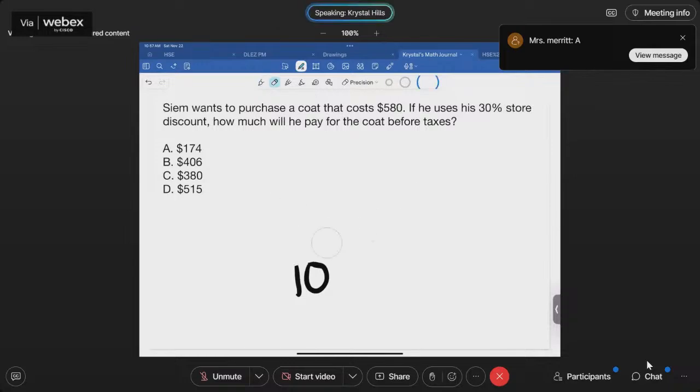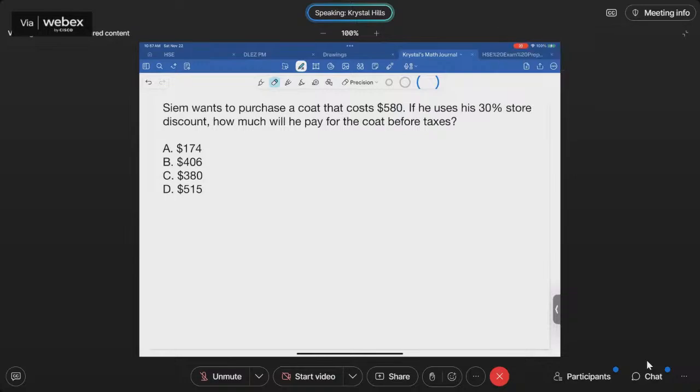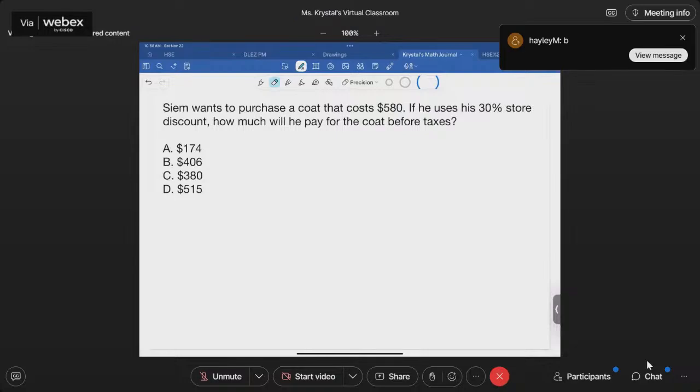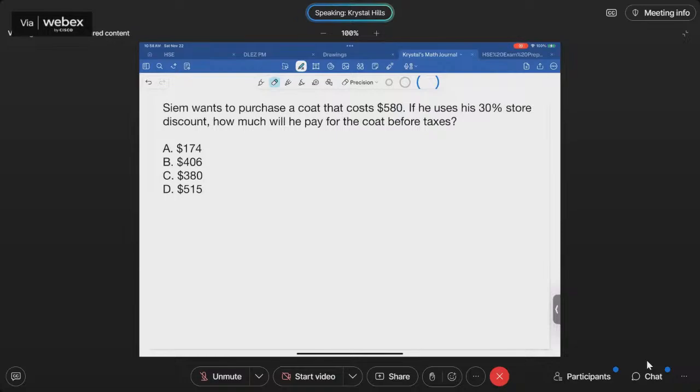All right, here is a question you may see on your test. Oh, Miss Deidre, you have a question. I wanted to confirm that the percent is multiplied by 100 and the decimal is divided by 100. Is that the rule? No, hold on. Let me make sure.